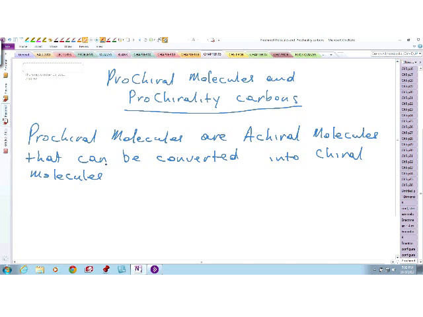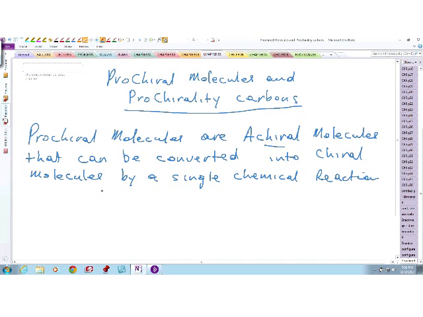Of course, chiral molecules are the molecules that do not superimpose on their mirror images. So prochirality molecules are achiral molecules that can be converted to chiral molecules by a single chemical reaction.